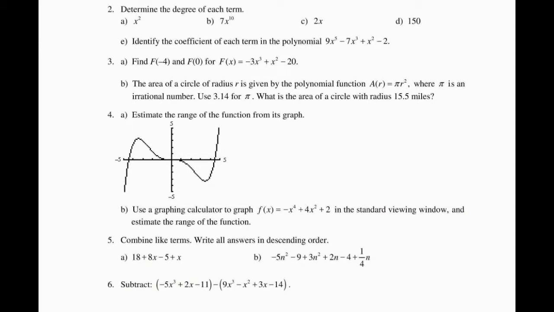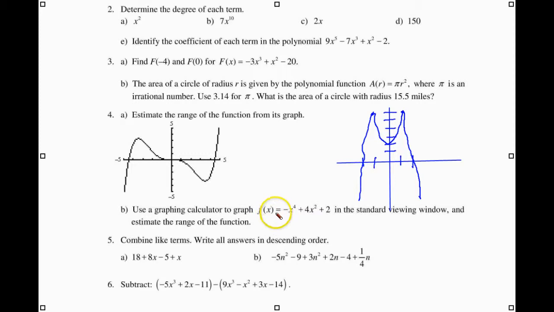As we look at this equation down here, this is y equals this. We see that we have a y-intercept here of a positive 2, which is right there. And this goes up, according to what I got on the graph, to a 6 here.